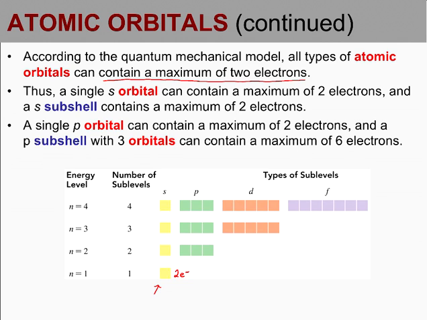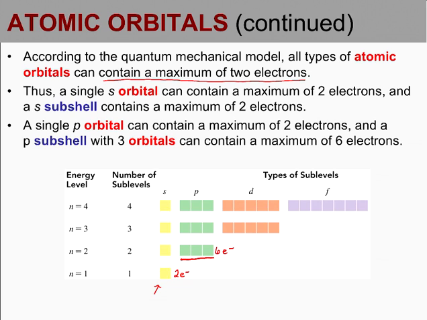Now, a p orbital can also contain 2 electrons, but remember that a p subshell has 3 orbitals. So we can have a maximum of 6 electrons in that p subshell. And then in a d orbital, we can also have a maximum of 2 electrons, but in a d subshell there are 5 atomic orbitals.